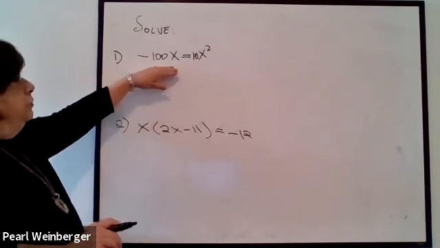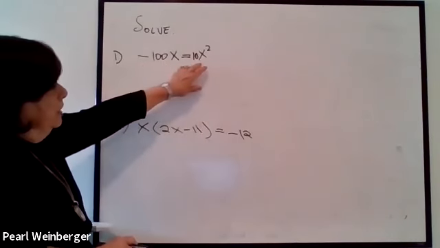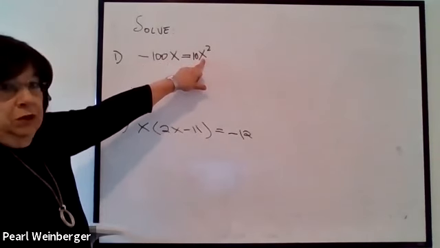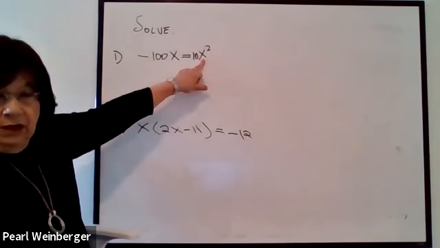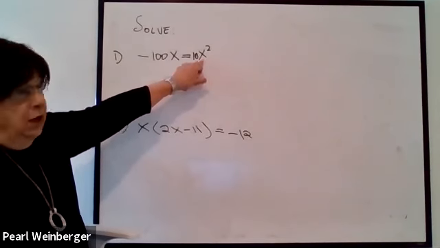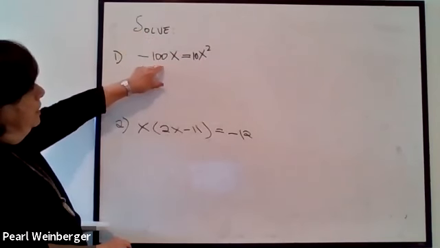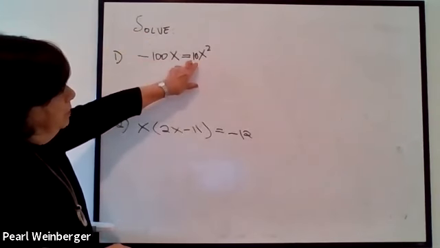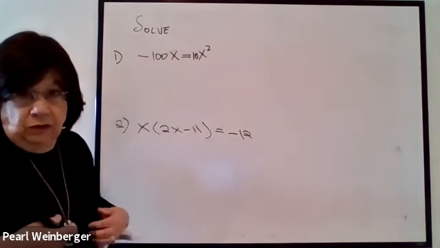Looking at this example, I realize that it's a quadratic equation because it has an x squared. When solving a quadratic equation, we have to make sure that we have everything on one side equaling 0. In this case, it makes more sense to bring this negative 100x to this side, so that our x squared term turns out to be positive.